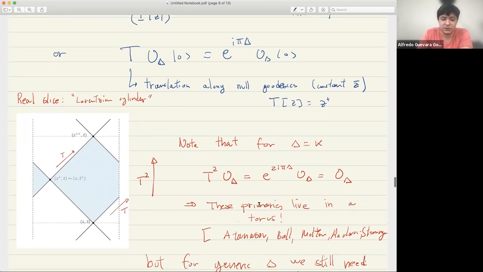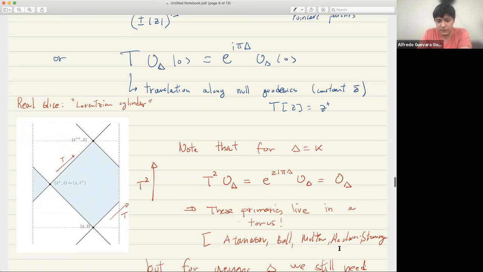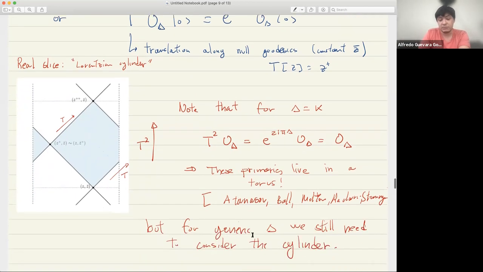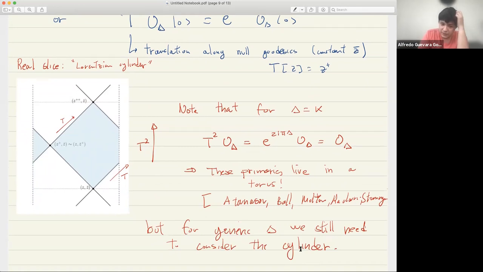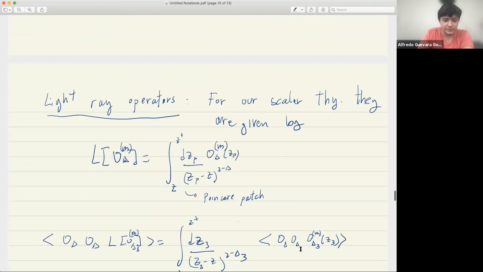This is very important because the primaries that were considered previously in these papers actually have integer weights for which this T squared operator happens to be the identity, and that means that the cylinder can be quotiented into a torus, which are basically these two parallel lines that are now identified. But for generic delta, we cannot do that, and we still need to consider the cylinder. All right.